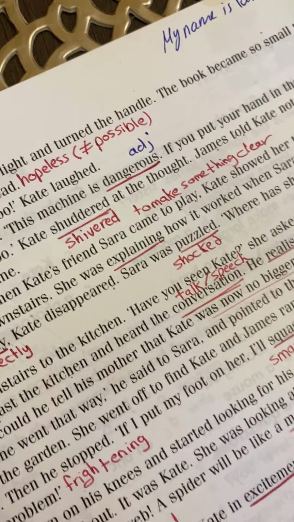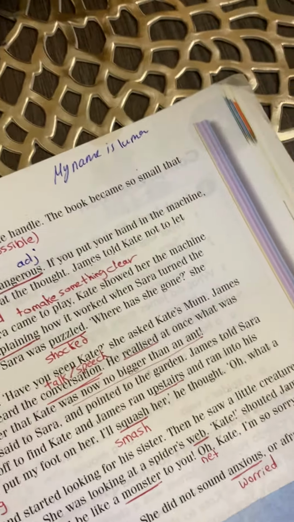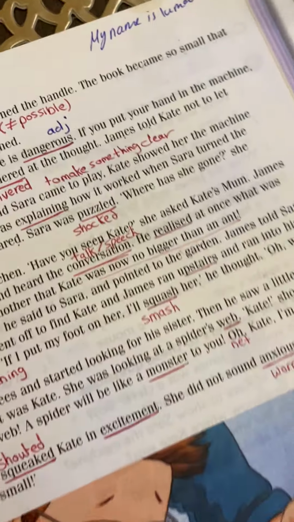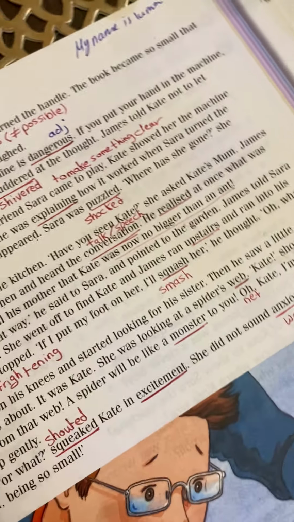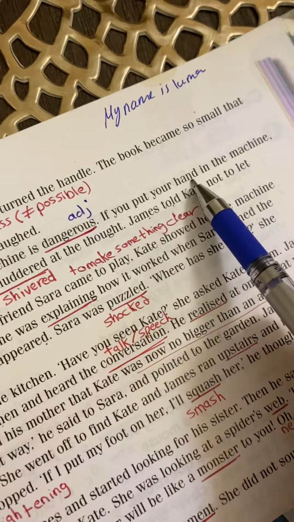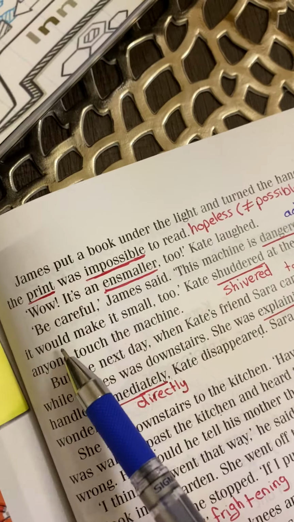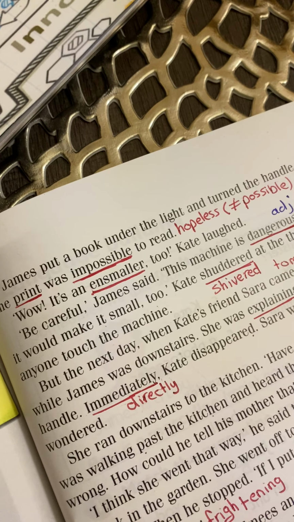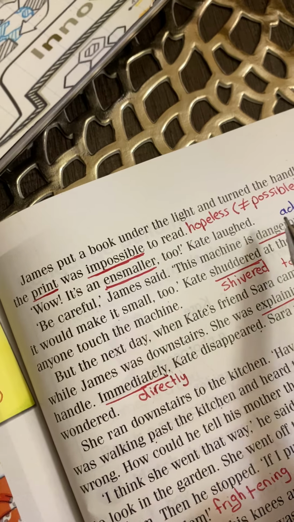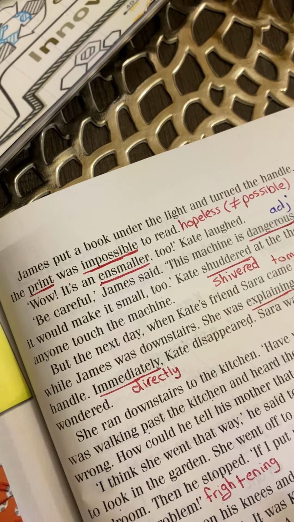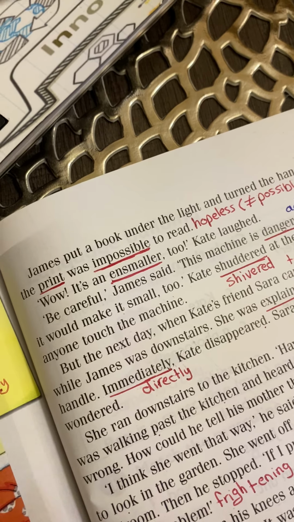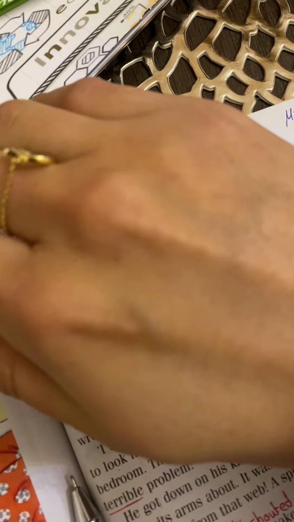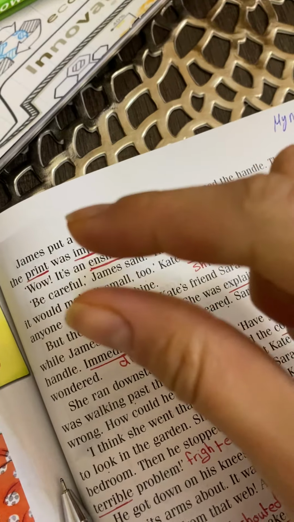If you put your hand in the machine, it would make it small too. So be careful, okay? Because the machine is very dangerous. Why is it dangerous? If you put your hand in the machine, it becomes what? Smaller.